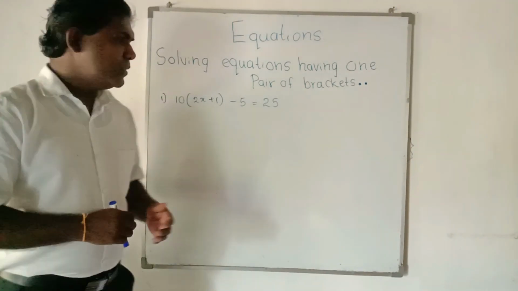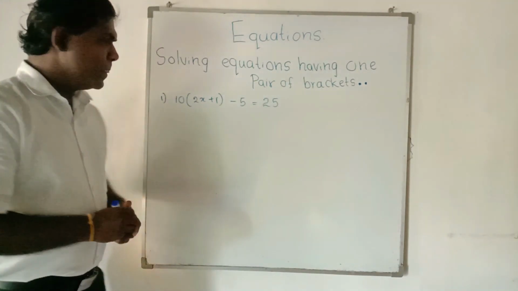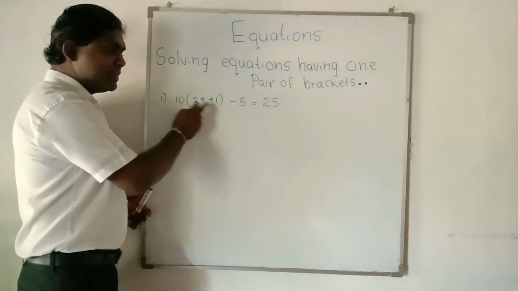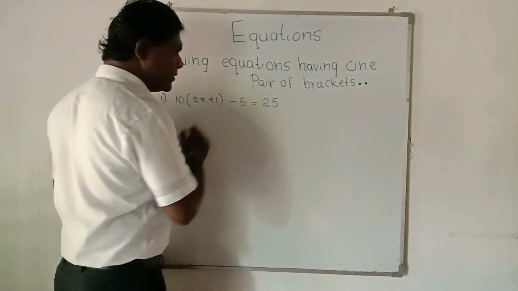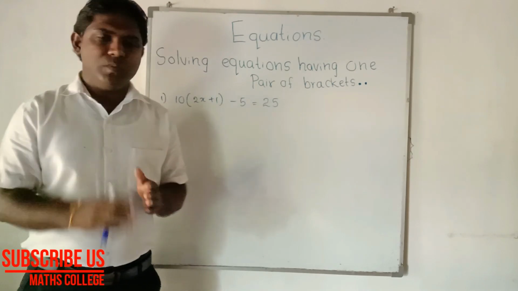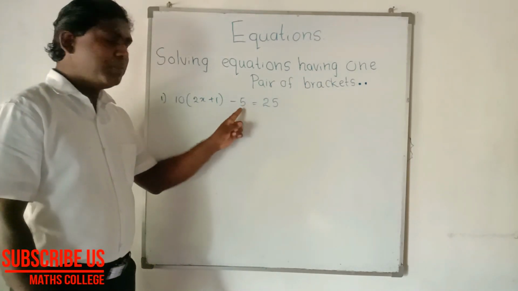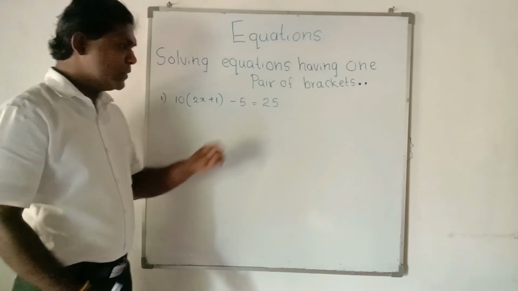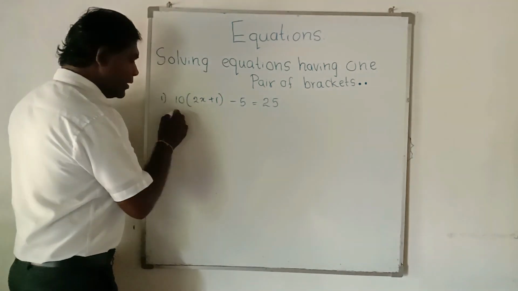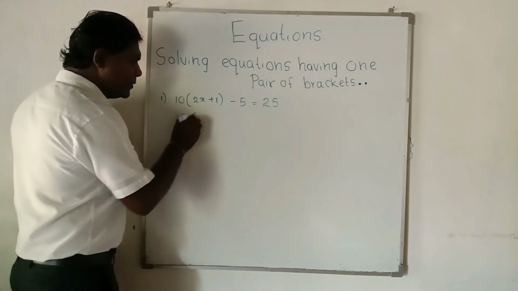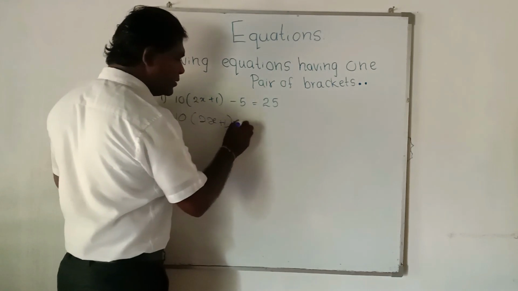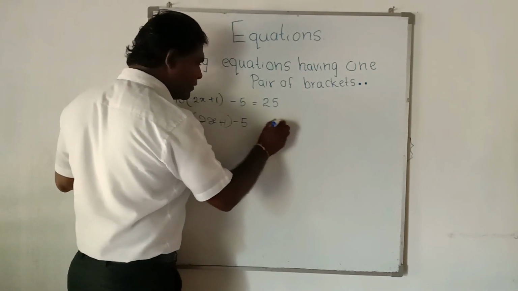You have another example. 10 into, that means bracket, (2x + 1) subtraction 5. My children, you have to remove this 5 firstly. This 5 is a subtraction. 10(2x + 1) - 5 equals 25.